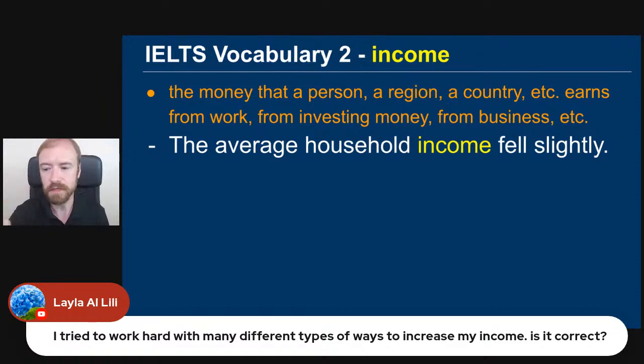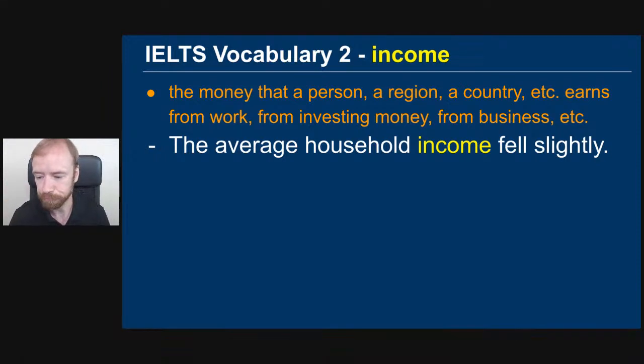That could also be income, a source of income, but it's not a salary. If the government is giving you money or insurance is giving you money, that is not a salary. You only get a salary from a company.